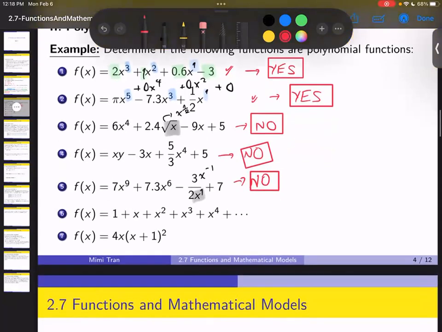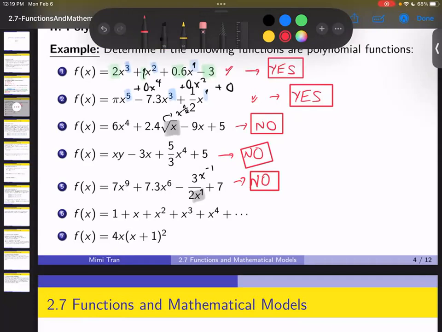What about number 6? I know it looks so much like a polynomial. It is not. I know it looks very much like it, like a perfect one too. The reason is that it's not finite.